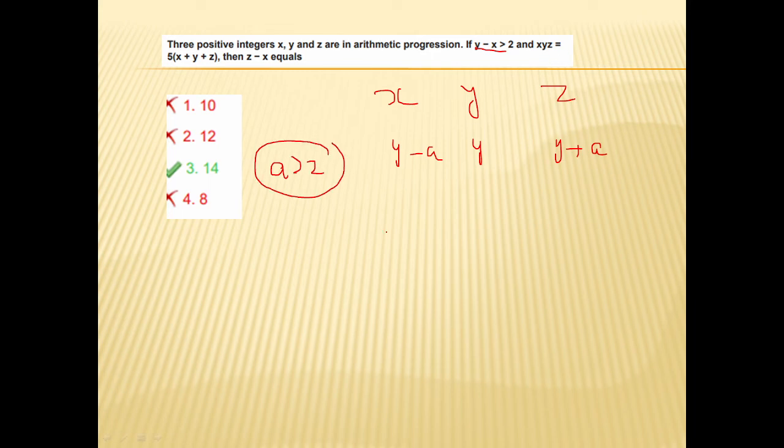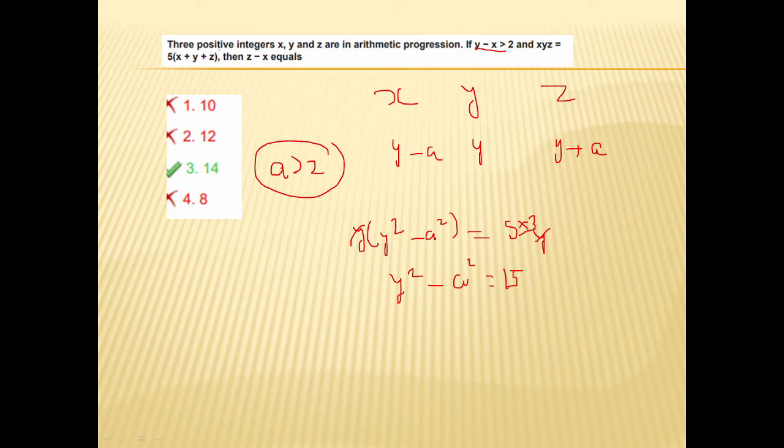And xyz means y into y square minus a square equals 5 times the sum. Adding all this, the a gets cancelled, so y square minus a square equals 5. Sorry, the sum is 3y, so 5 into 3, this will be 15.